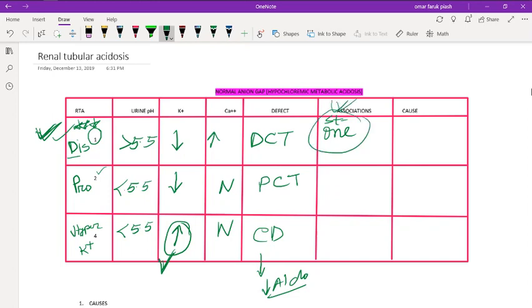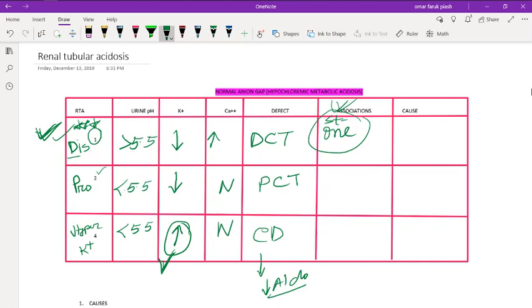There is increased risk of developing calcium phosphate kidney stone, because there is increased urine pH and increased bone turnover.